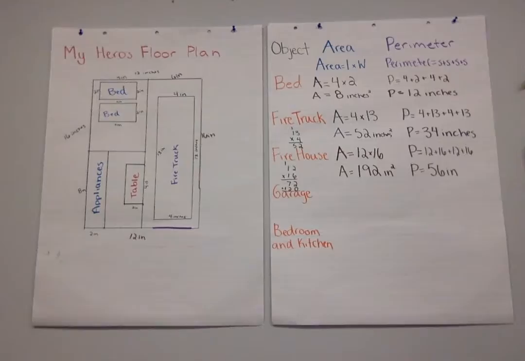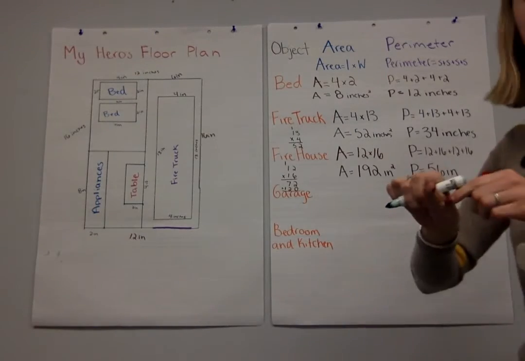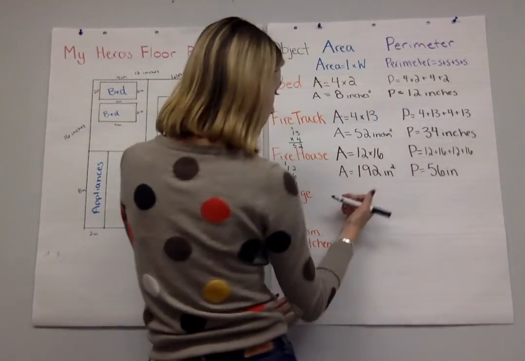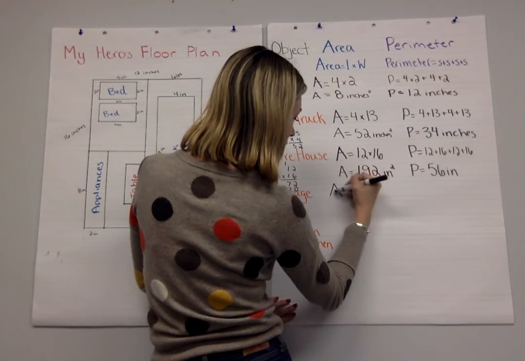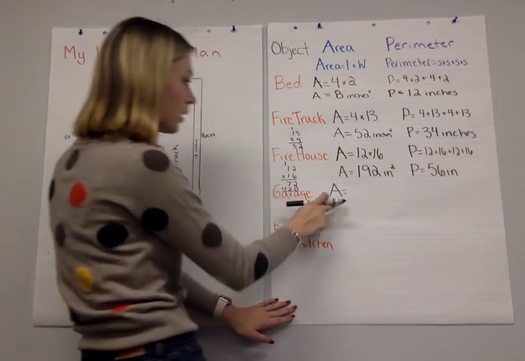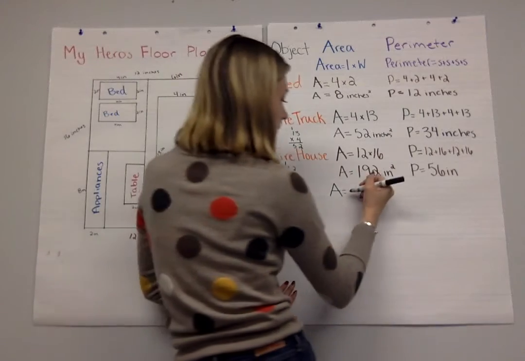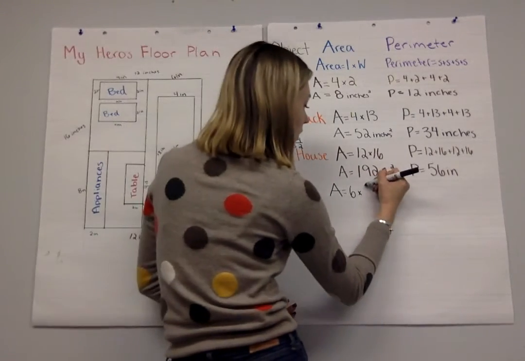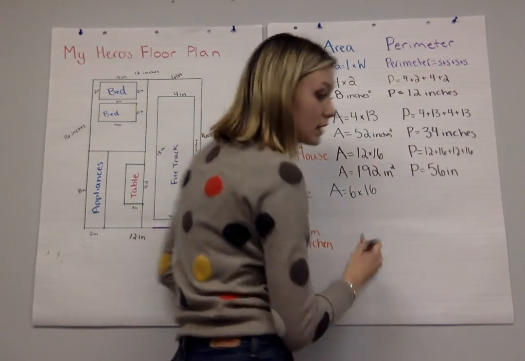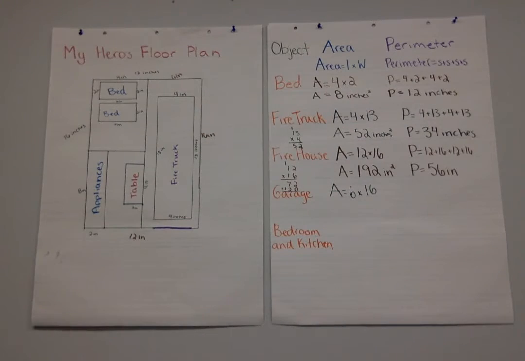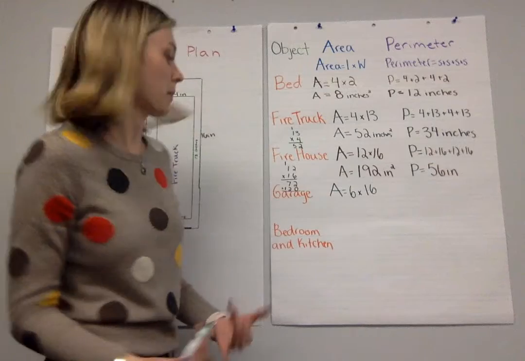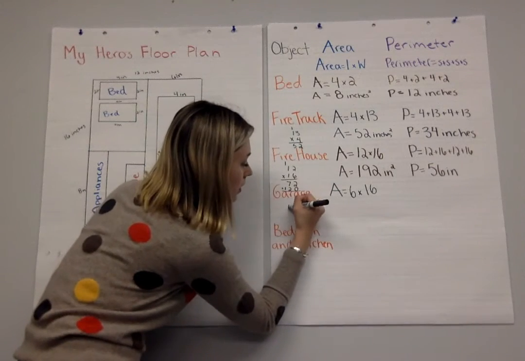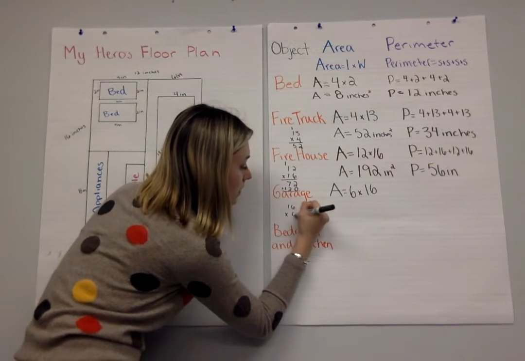So, to find our area, switching back to my black pen so you can see, our area is 6 times 16. 6 times 16. Does anyone know what that is? Or how we could figure it out together? Let's do it over here. 16 times 6.